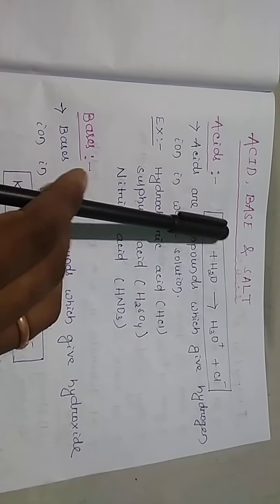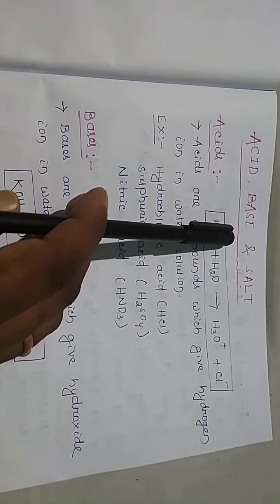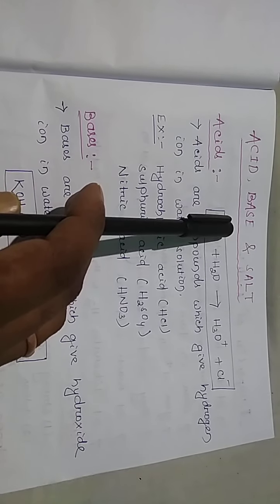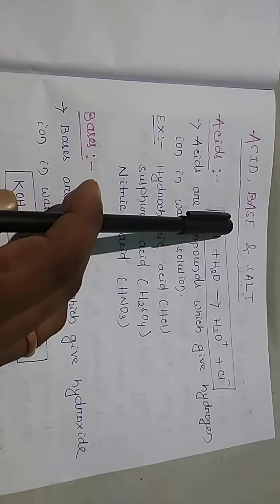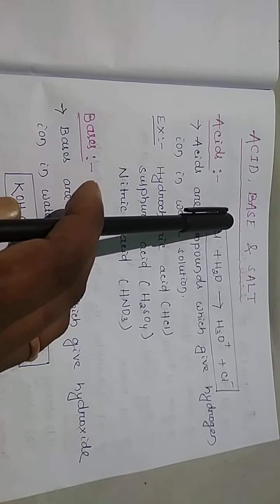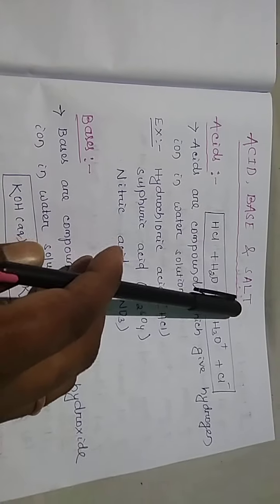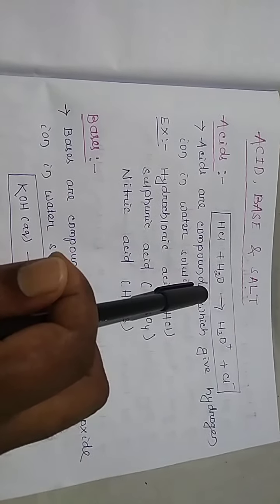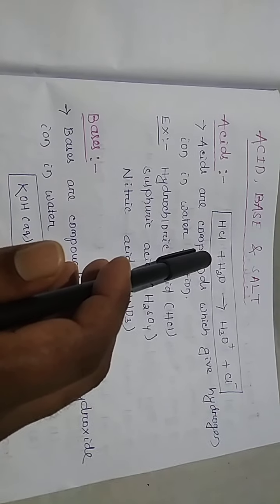What are the properties of bases, what are the types of bases, how the strong base occurs, what are the most common examples of the strong base, what are the weak bases, and how salts are produced. Okay, so these are the topics we have to discuss in this session.